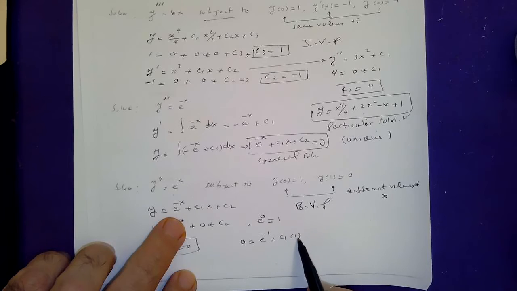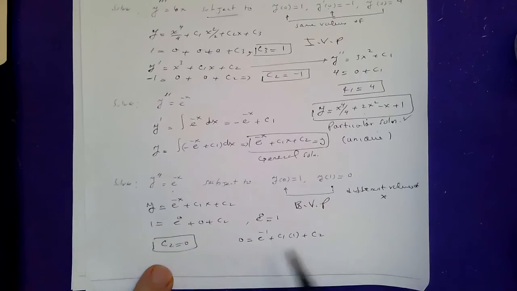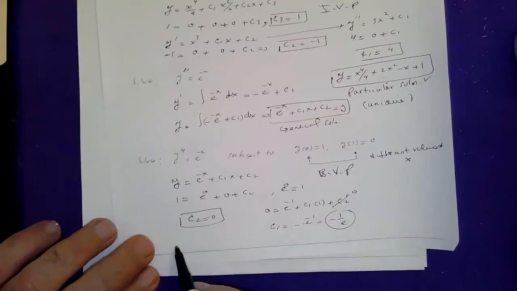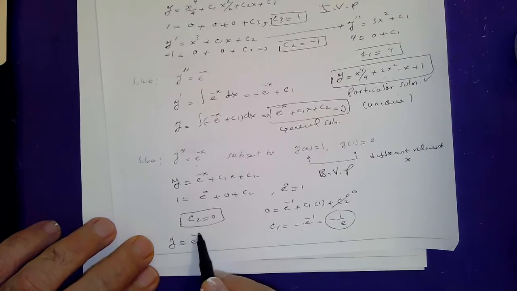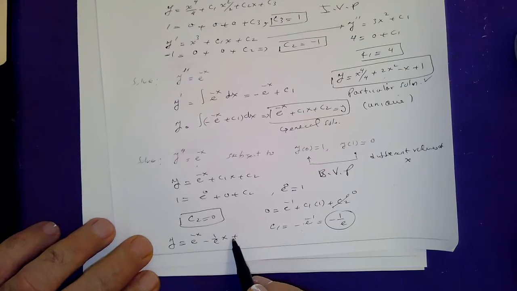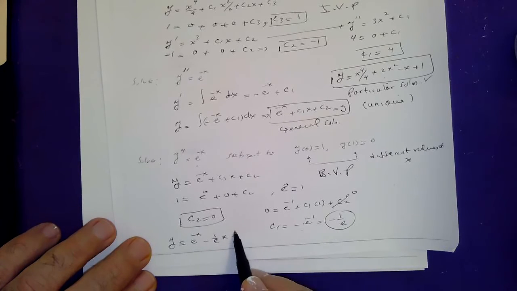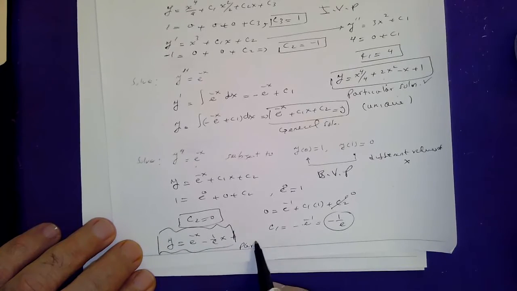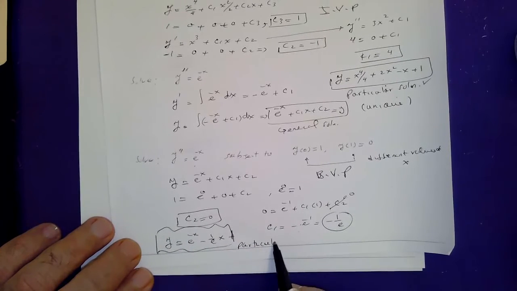So I get this, but remember, c2 came out to 0. So therefore, c1 is minus e to the negative 1, which is minus 1 over e. Therefore, the particular solution is e to the negative x plus c1x, which is minus 1 over e times x, plus c2, which was 0. So this is the so-called particular solution.